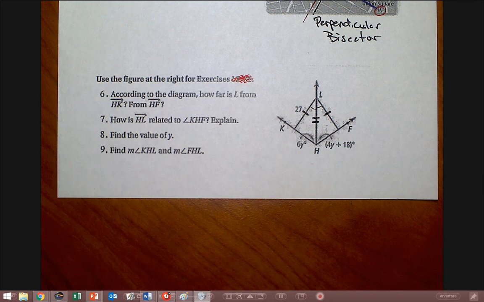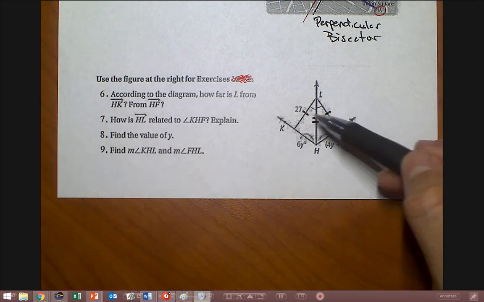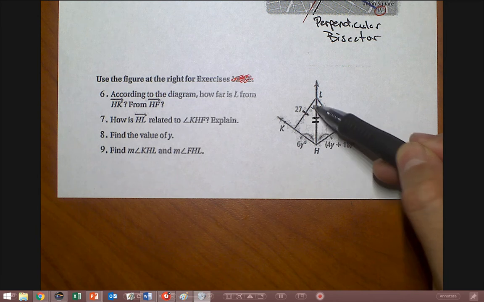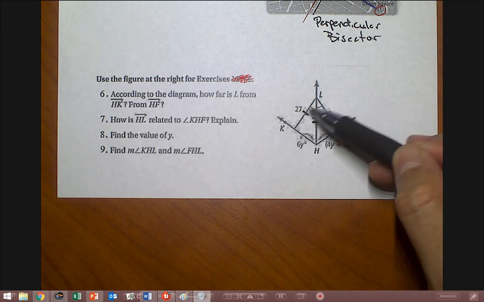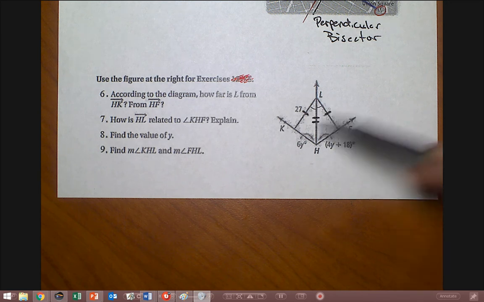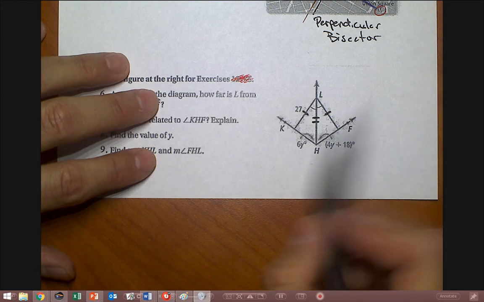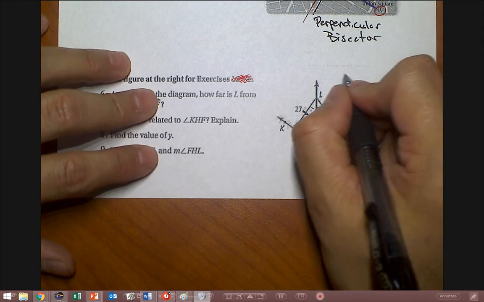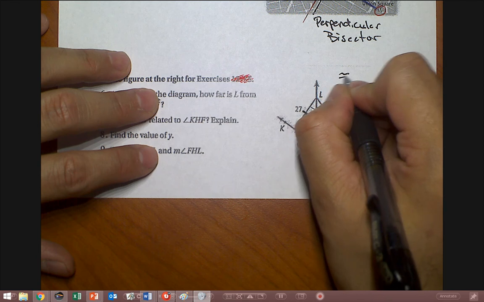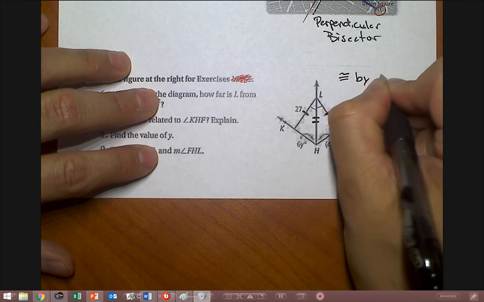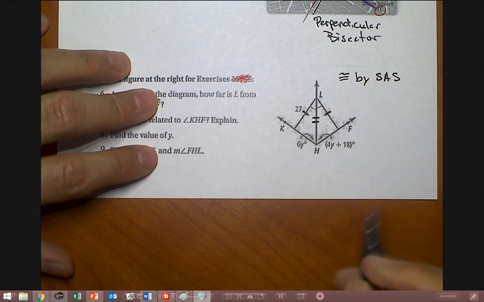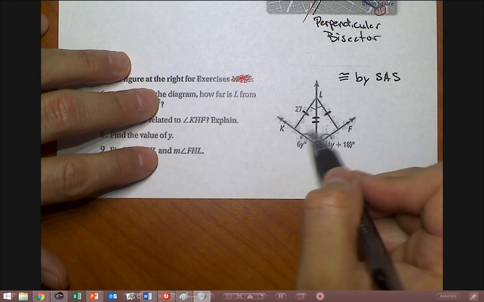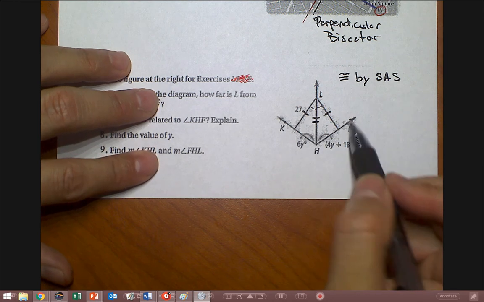How are they congruent? Side angle side. I don't know the angles yet. Okay, so they are congruent by side angle side.